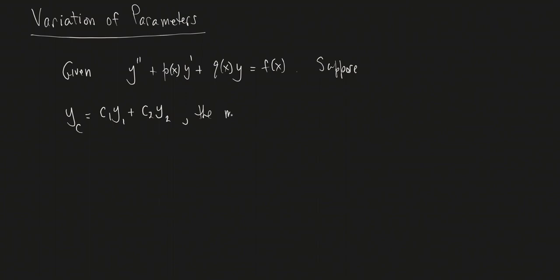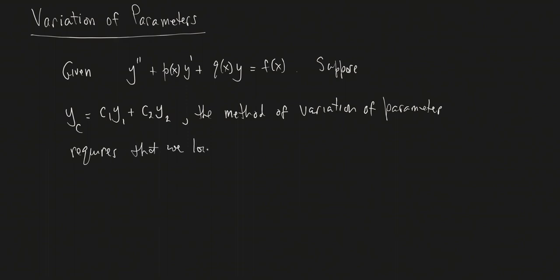The method of variation of parameters requires that we look for y sub p of the following form. This is essentially going to give us a formula for y sub p.